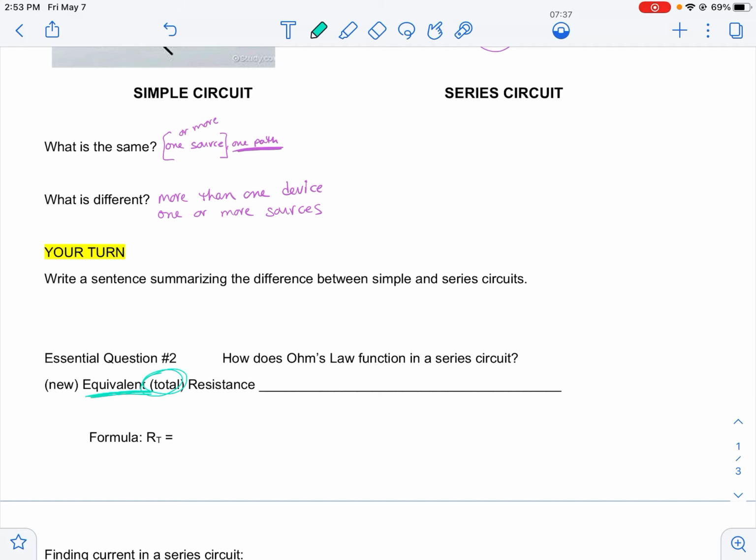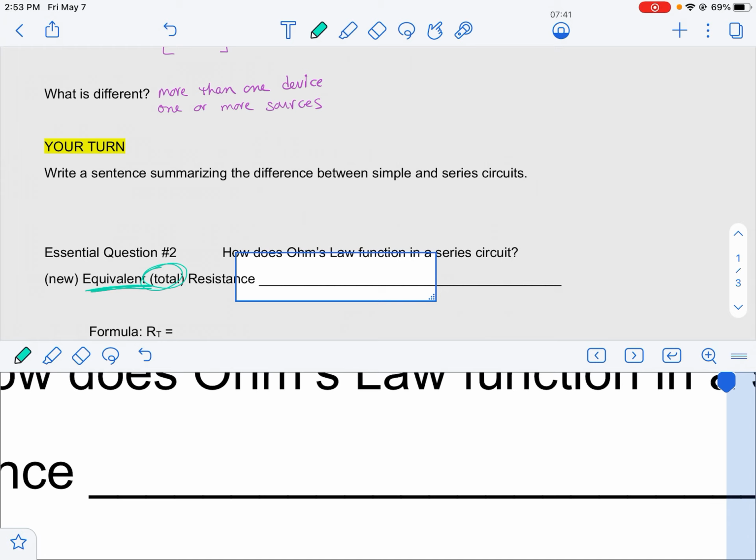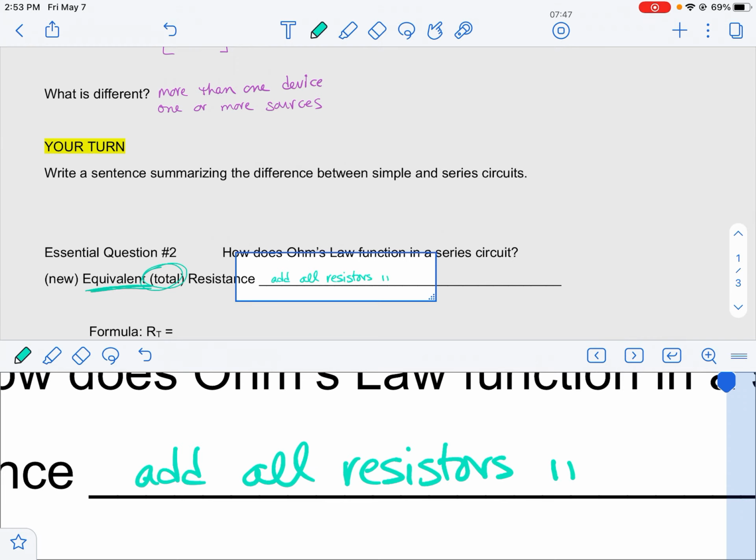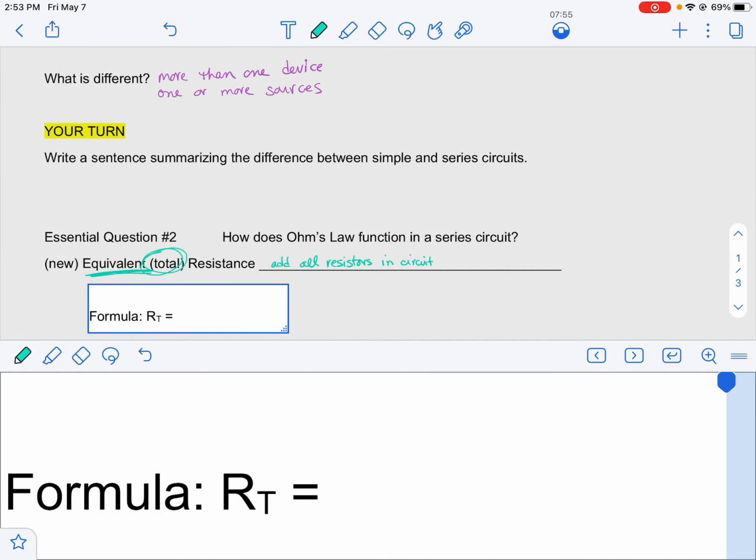And the way we find total resistance is that we add all the resistors in the circuit. Okay, so it's very simple. So here's my formula.